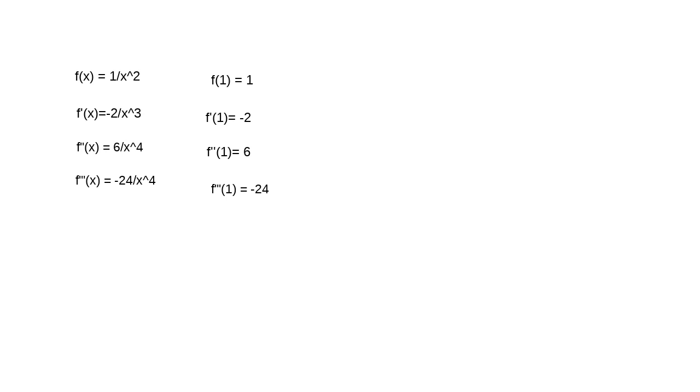Then we plug into the formula. P naught equals f of 1, which is just 1. P1 equals P naught plus f prime of 1 times x minus 1. We simplify to get 1 minus 2 times x minus 1.